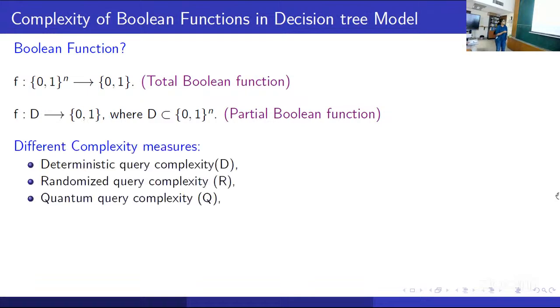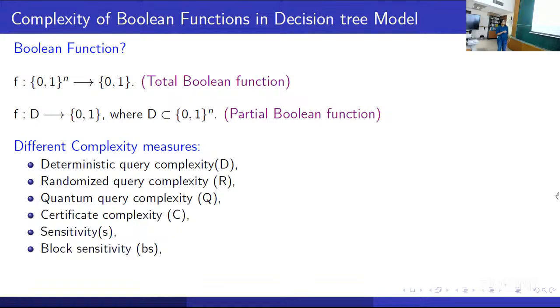Now, to study Boolean functions in the query world, there are a lot of complexity measures, which we will not meet today. I have just listed some of them. Depending upon the query model, like if you are using randomization, what kind of error you are expecting, or if you are using quantum resources, we can define different complexity measures.